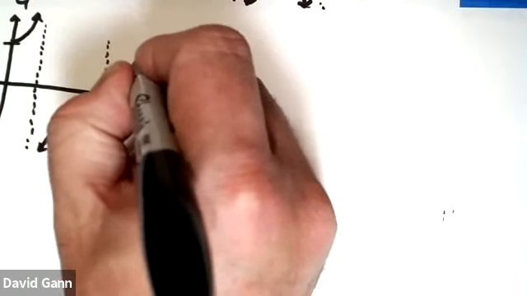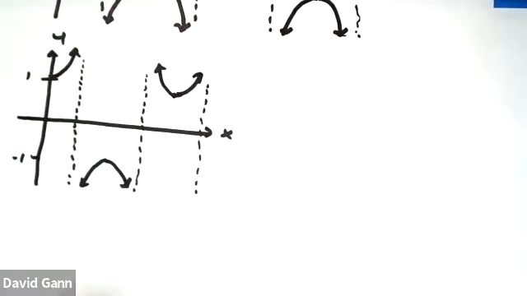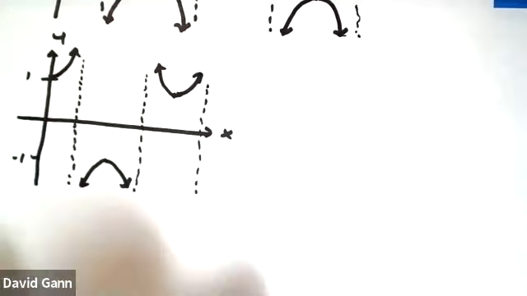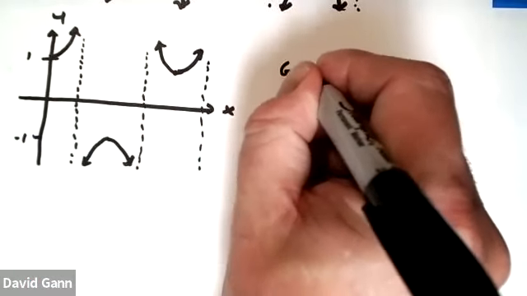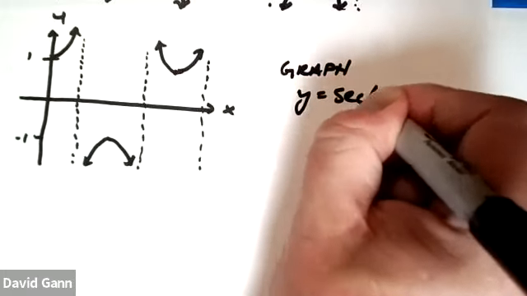We have that behavior. Voila. And this should be smooth. It's not a peak down there. It's kind of like with the x squared function. It's smooth down there and actually achieves a low point that certainly is not peaked. So this is the graph y equals secant of x.